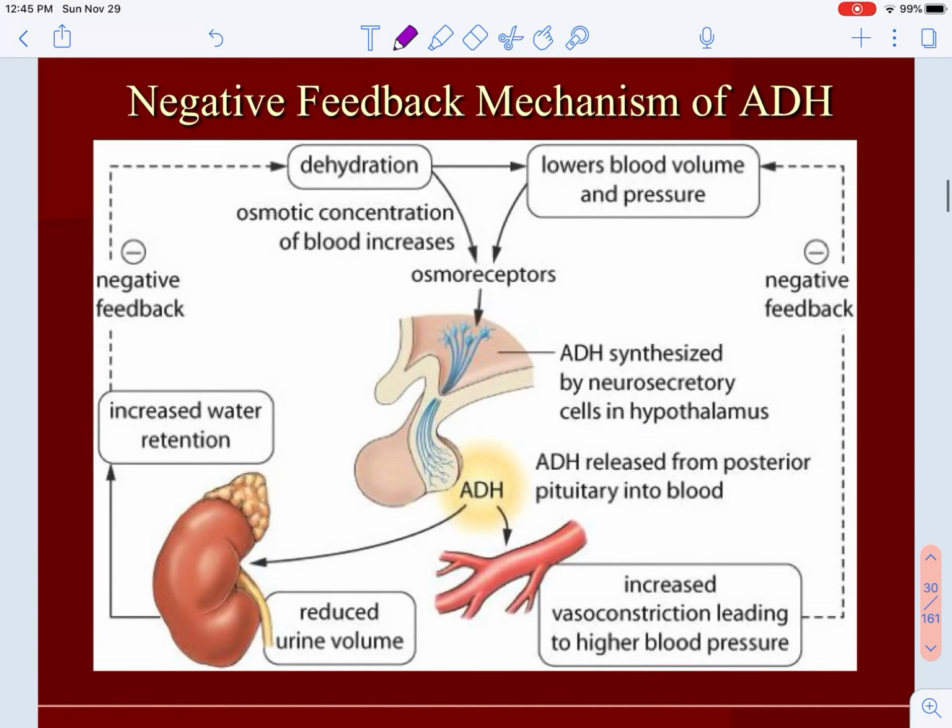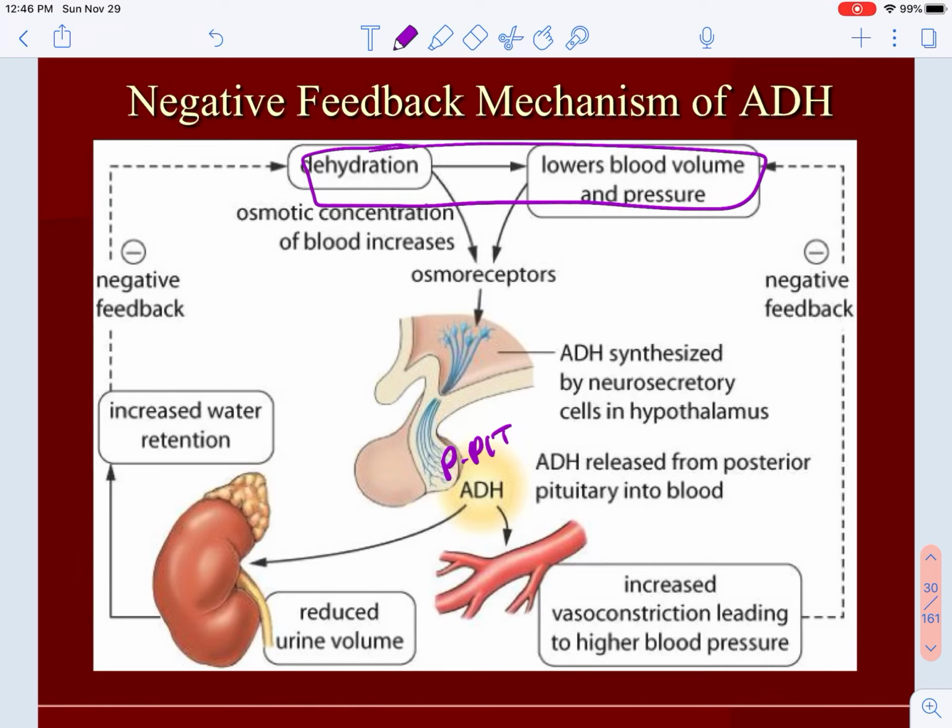And we saw this as an example feedback loop in our first topic, but there's always some stimulus that causes the hormonal release. This just shows that the ADH is released from the posterior pituitary here when dehydration and low blood volume and blood pressure is sensed.